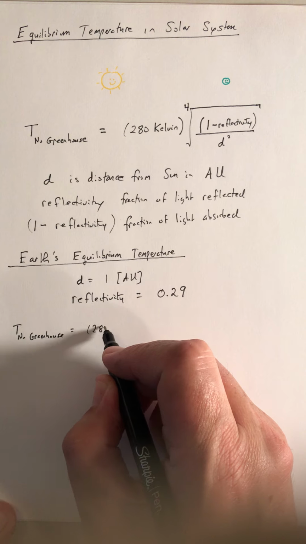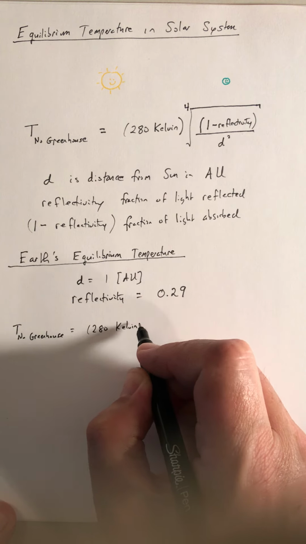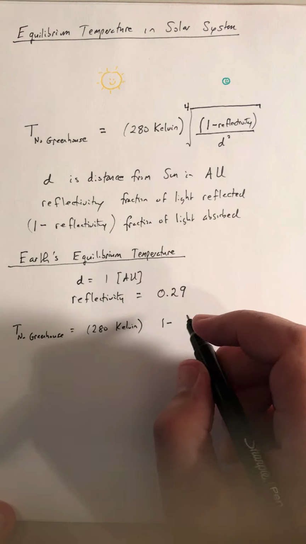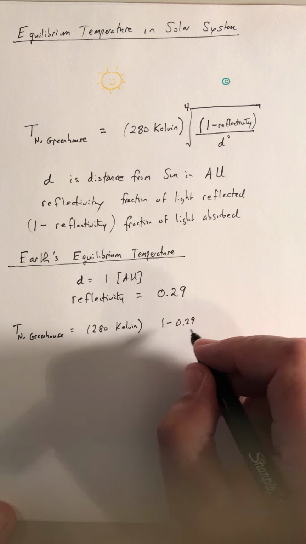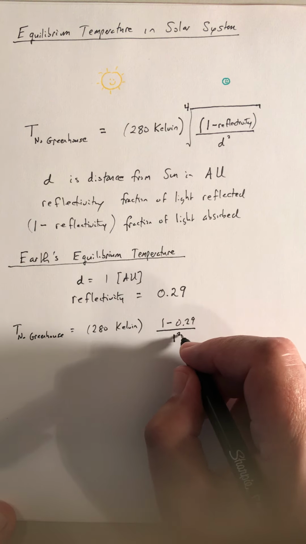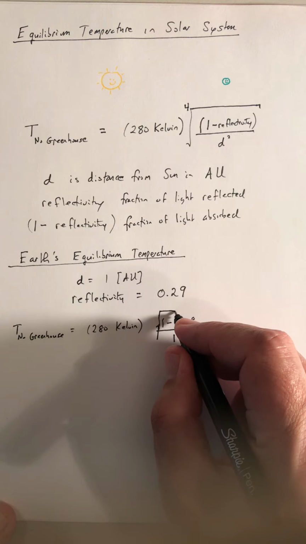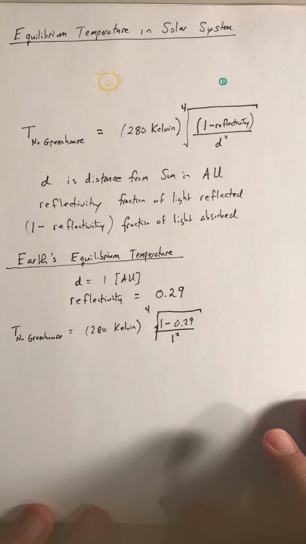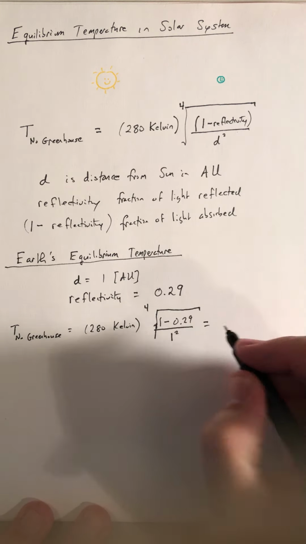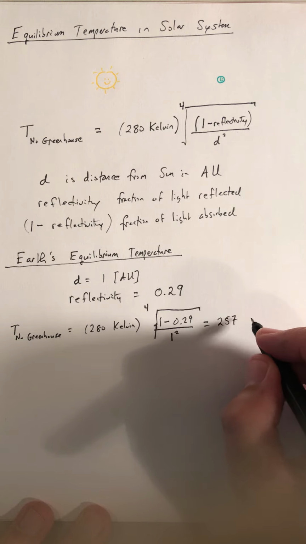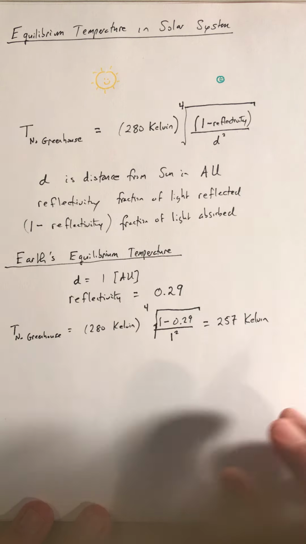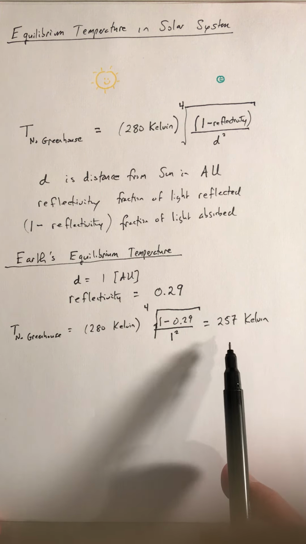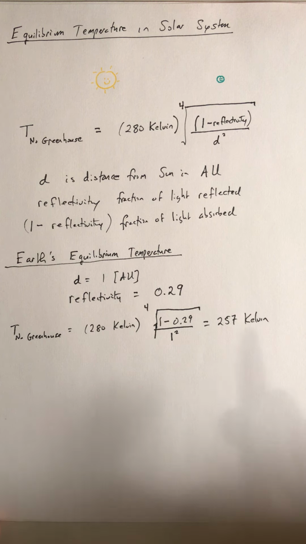So we've got our 280 Kelvin. I'm going to have 1 minus 0.29 over 1 squared, and that's all to the 4th root. When you calculate that out, I got 257 Kelvin. Then putting that into Celsius, you need to subtract off 273, because 0 Celsius is 273 Kelvin.